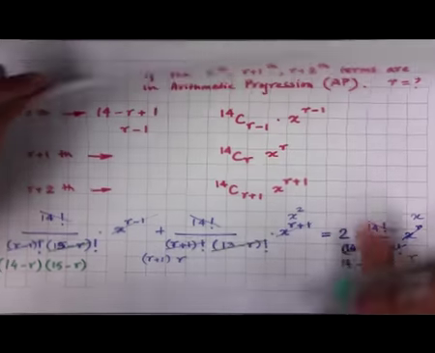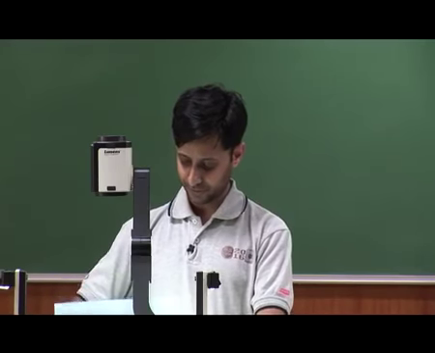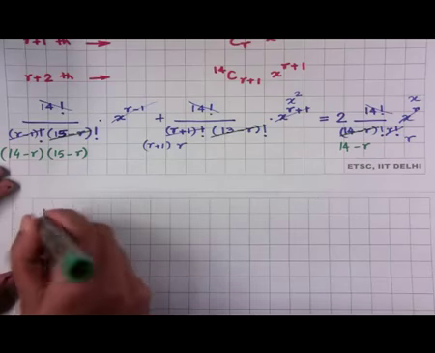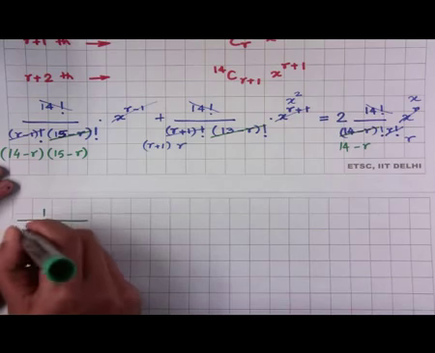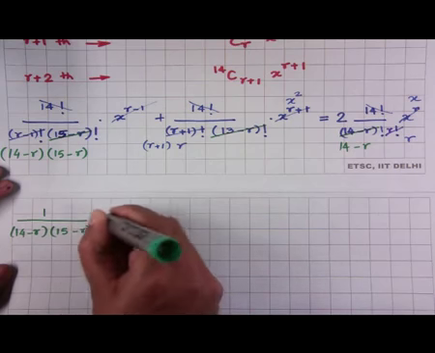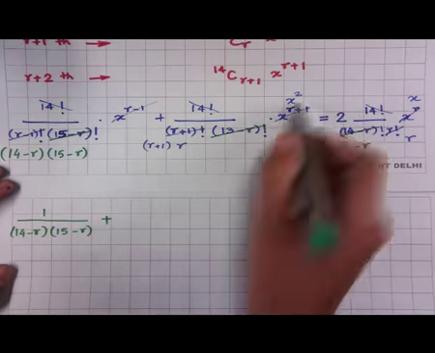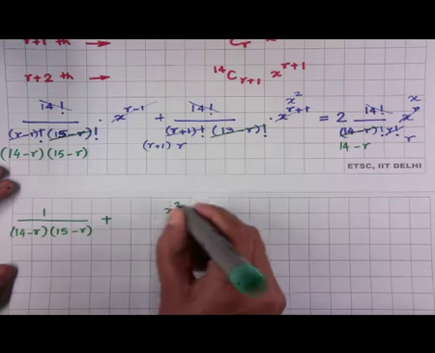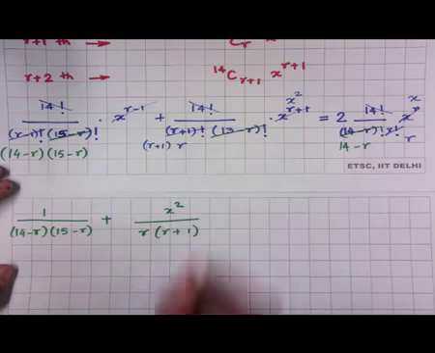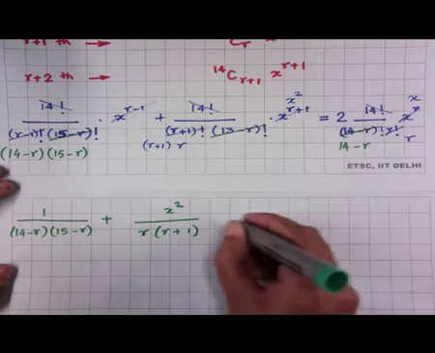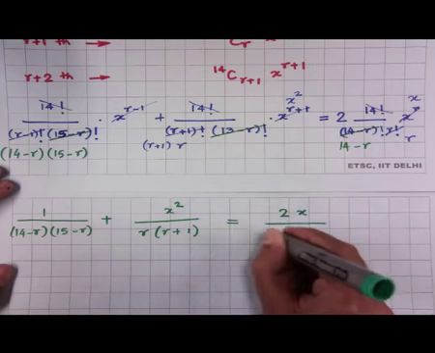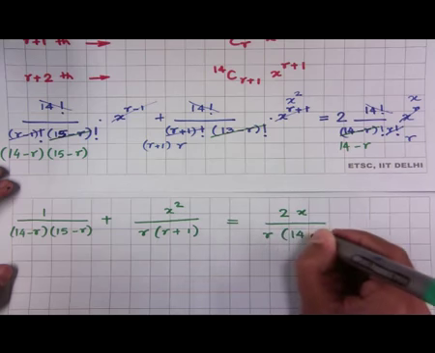So, you have got a much simpler, much more straightforward relationship, right. So, my relationship now is 1 by 14 minus r times 15 minus r plus, from the second term I have got x squared by r into r plus 1, and from the third term I have got 2 x by r into 14 minus r.